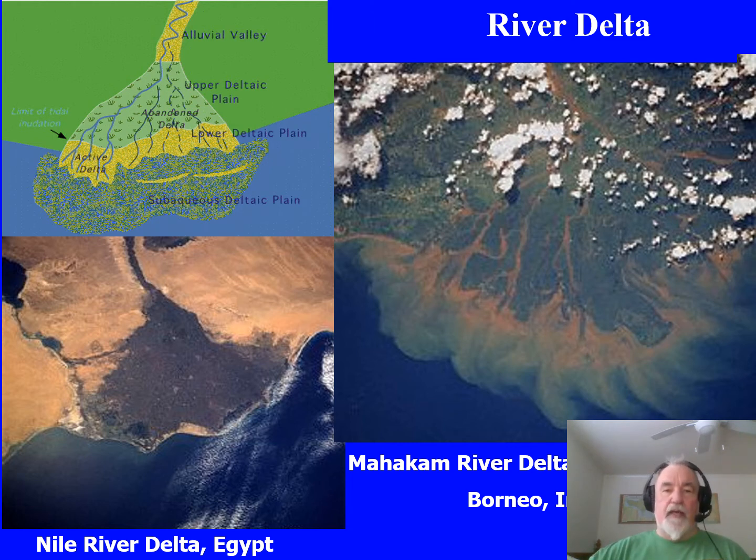And at that point, as a meandering river empties through the lowlands and reaches the ocean or the sea at the mouth of the river, it's going to dump its suspended and bedload rock fragments. And those are going to build up. So as the river continuously empties out silt and sand and clay, we're going to see that those build up over time to create what's called a delta or a river delta.